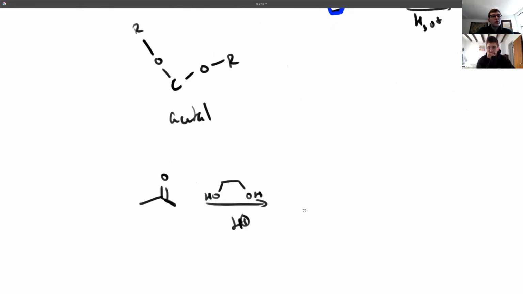And so, okay, what happens, right? You add once. And then you protonate this alcohol and use this one as a nucleophile. Right. And so at the end of the day, you wind up protonating this alcohol and using this one as a nucleophile and kicking it off. And so from there, you can make an acetal that looks like this.